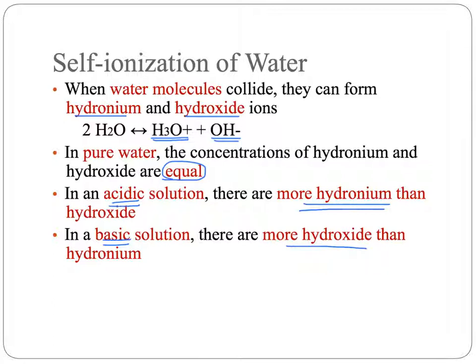And conversely, if you add a substance that will grab the hydrogen away from the water molecules, then it'll turn those water molecules into hydroxide ions instead of leaving them as they were in the pure water solution. So that is how the self-ionization of water is connected to the acid-base determination for any particular solution.